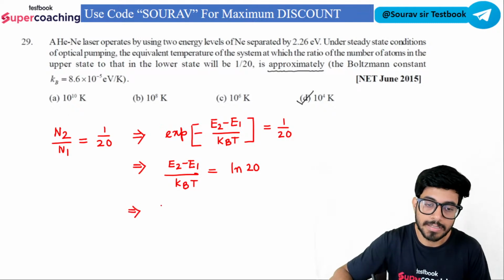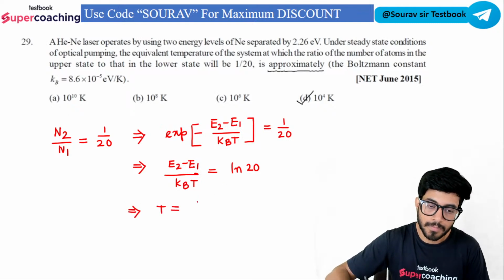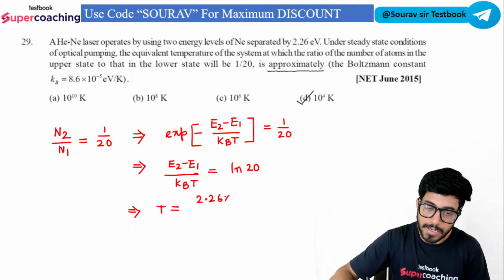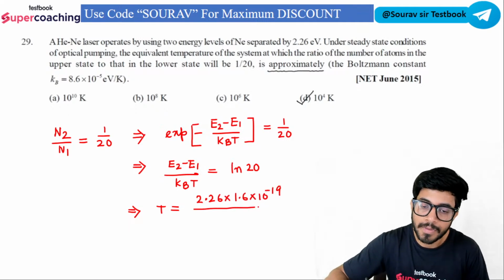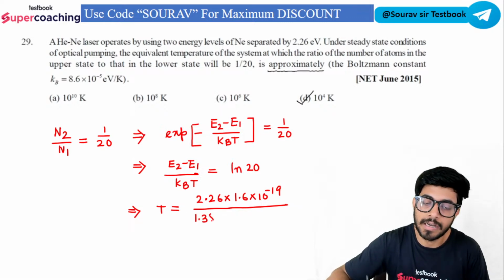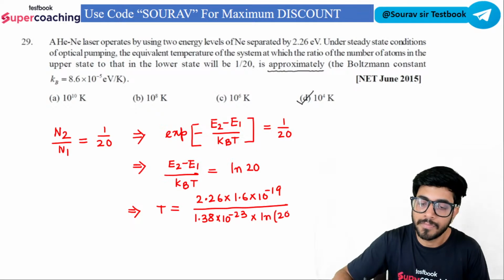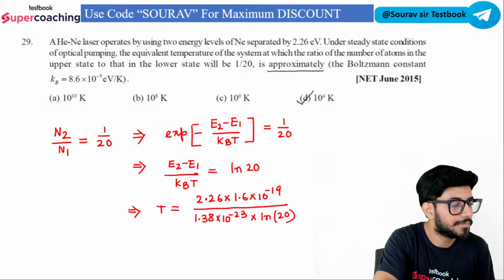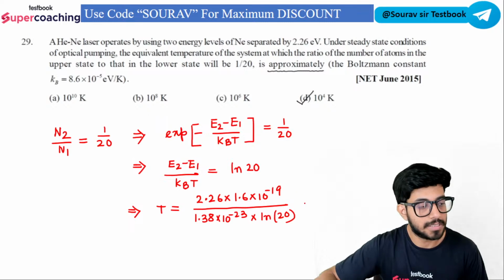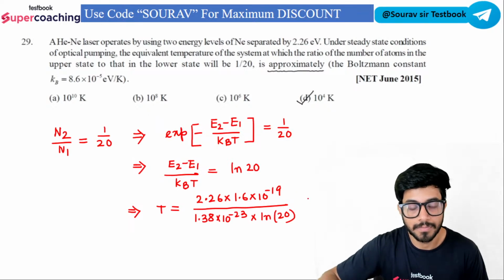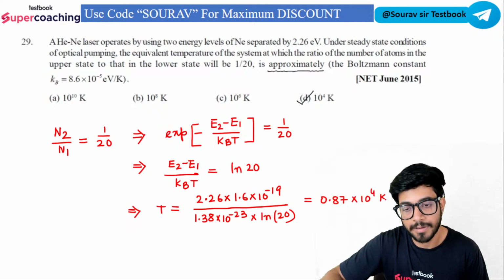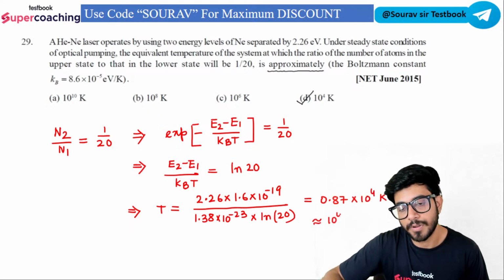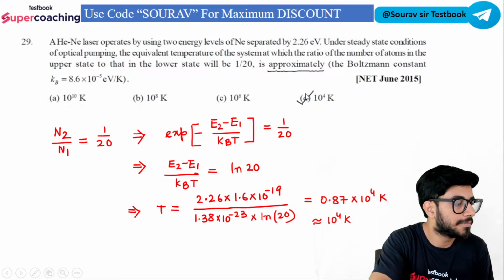So T is equal to 2.26 into 1.6 into 10 to the power of minus 19 joule, divided by k, which is 1.38 into 10 to the power of minus 23, into ln of 20. I am going to get approximately 0.87 into 10 to the power of 4 Kelvin, that is 10 to the power of 4 Kelvin. Option D is correct.